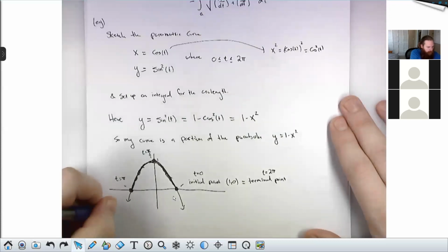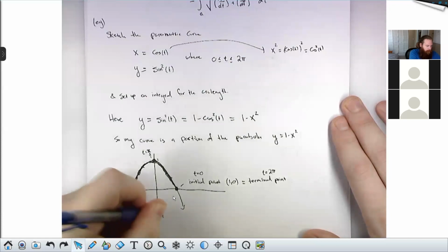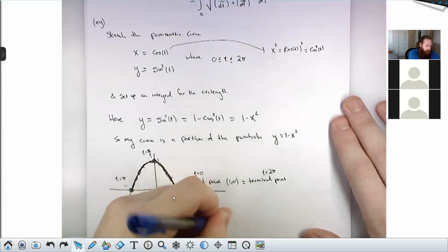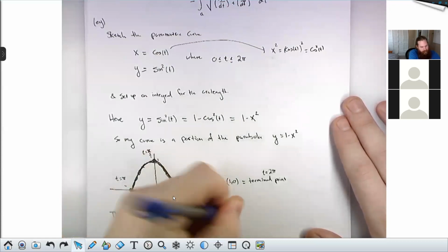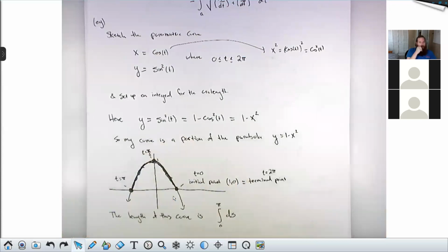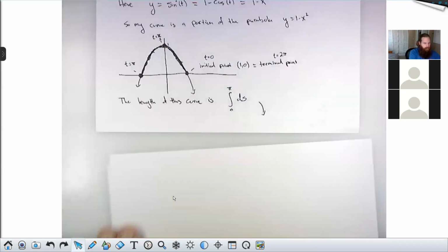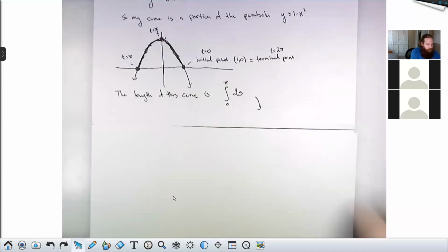So the length of this curve is the integral from 0 to pi of ds, which is the square root of dx dt squared plus dy dt squared. So I'll do the length calculation on the next page. I need dx dt and dy dt.